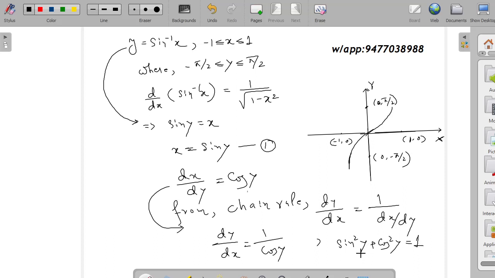So from here we can write that cos squared y equals 1 minus sine squared y. Now therefore we can write cos y equals plus minus the square root of 1 minus sine squared y.